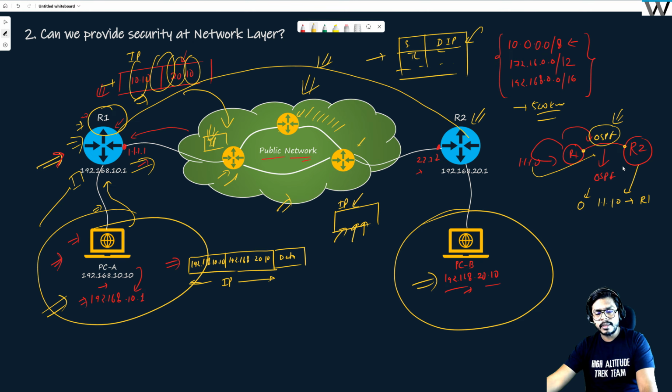What I'm doing here is, I am just letting you know that if there is a problem, you understand the problem. There is nothing in IP which can provide you the security, right? You cannot change the IP header also, because then you need to change everything. But there is a problem, you need to provide the security also, and if that is the case, then how are you going to do that?